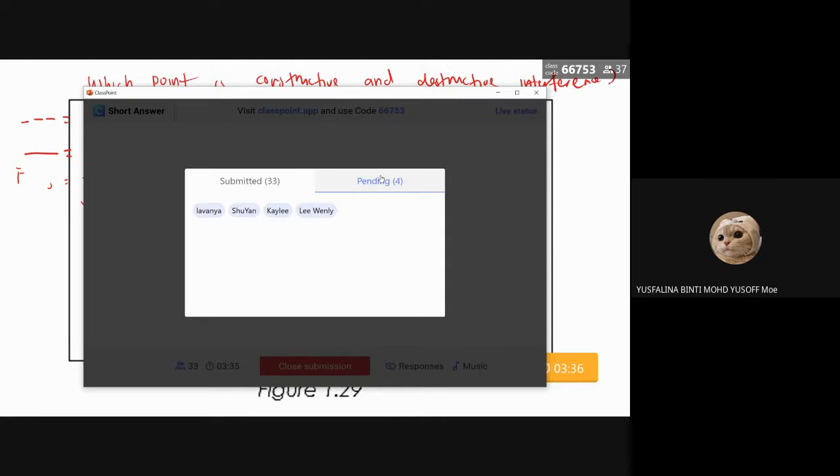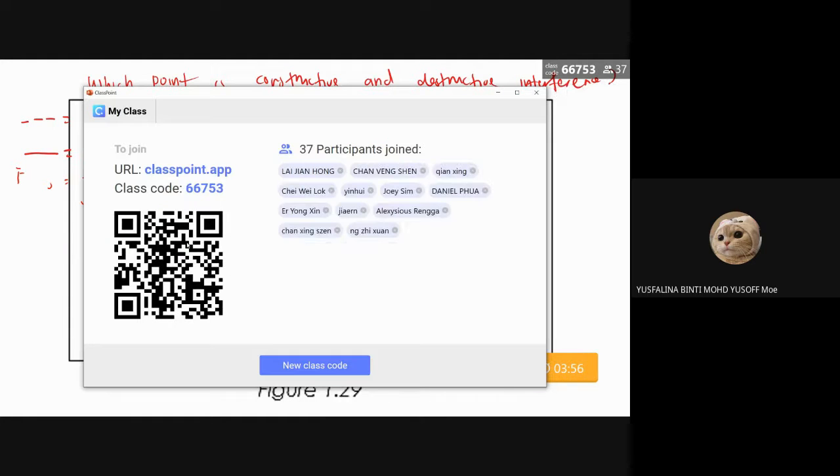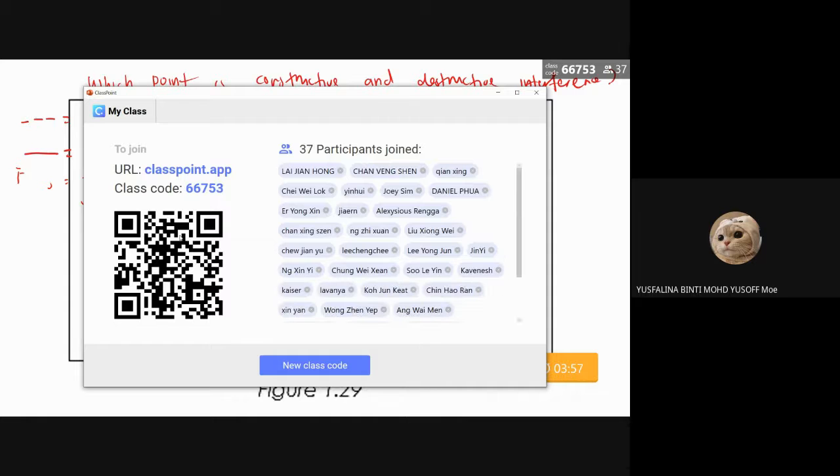If not, you just give your answer in the chat first. Using laptop. Can you try using your phone? Maybe I just give you the QR code, then you just scan the QR code. Hey, Lavanya, Shreyan. This is the QR code.